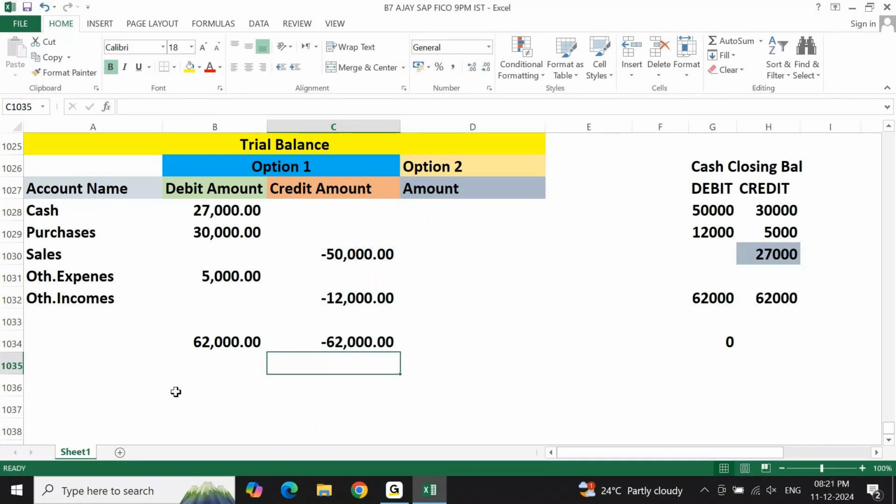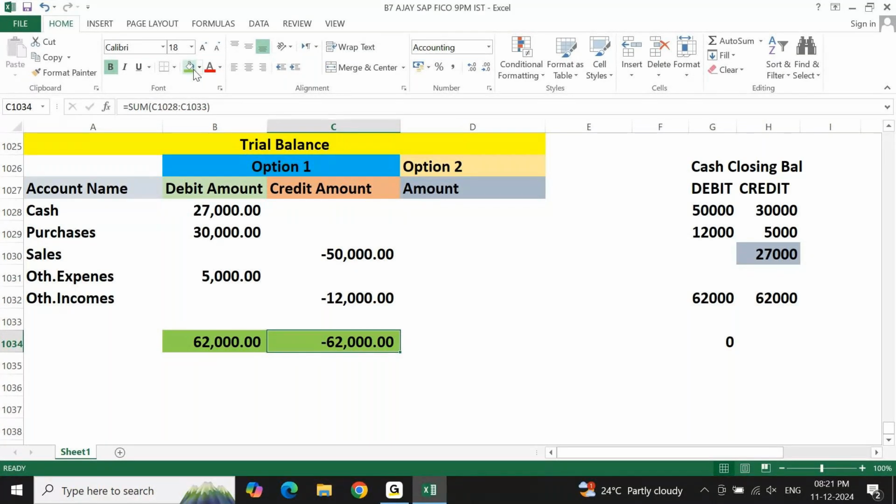Debit and credit are equal in my trial balance. This is the basic fundamental. You take any entry, any example of your own, as long as you are sticking to the basic accounting fundamentals, you will never go wrong anywhere. If you are not sticking to the fundamentals, taking examples the way we want, we will end up somewhere where we do not know what we did.